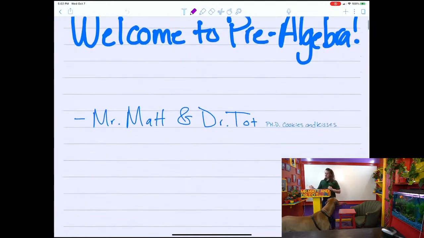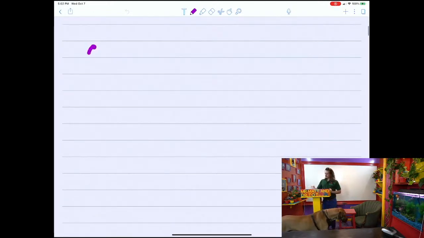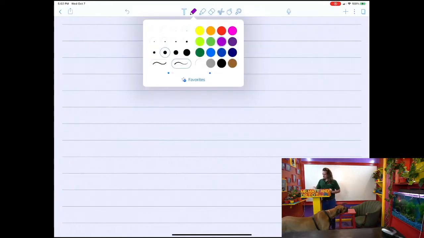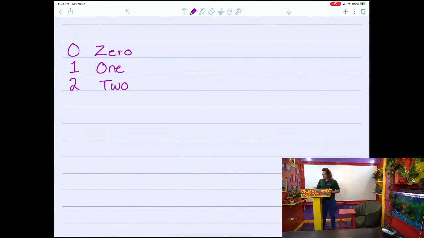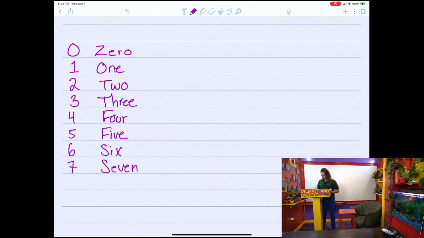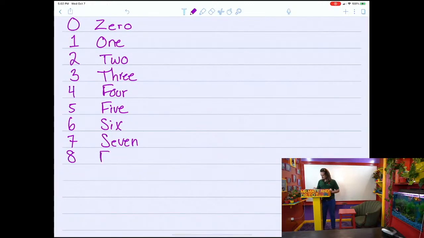Okay, and so like I was saying last time, our numbering system starts with the number 1. Let's try this one. So we start technically with 0, and then we go on with the unique basic numbering digits of 1, 2, 3, 4, 5, 6, 7, 8, and finally ending with 9.